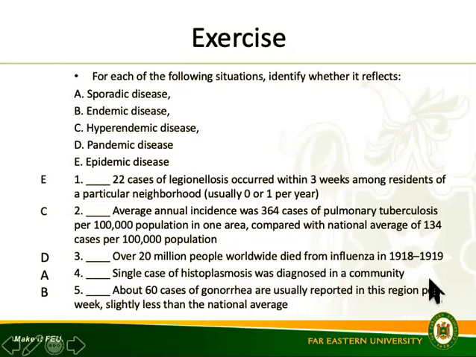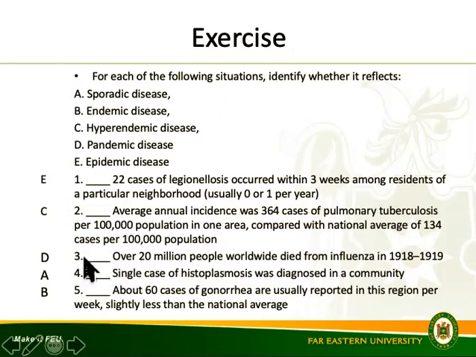Number two, the average annual incidence was 364, while the national average is 134. So that seems to be a description of hyperendemic disease. Although pulmonary tuberculosis is usually observed in that certain area, the number of cases is higher than the national average. So that's a hyperendemic disease.